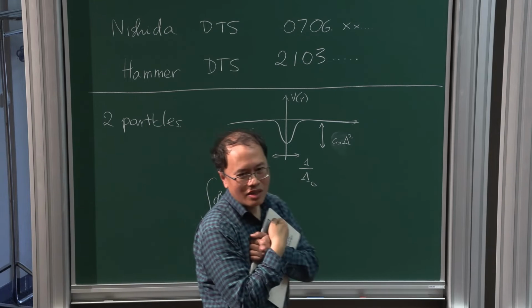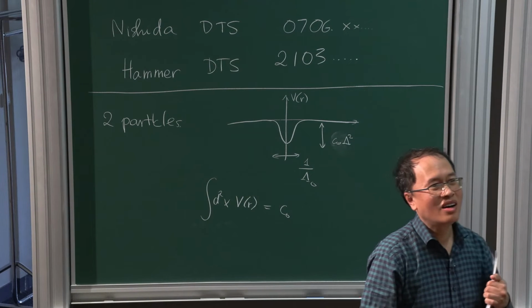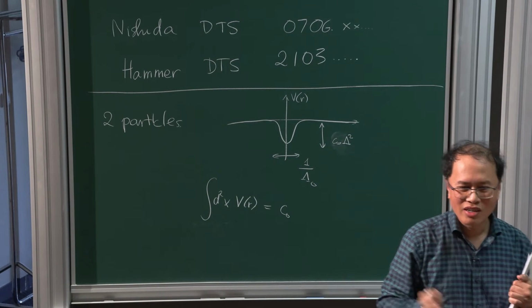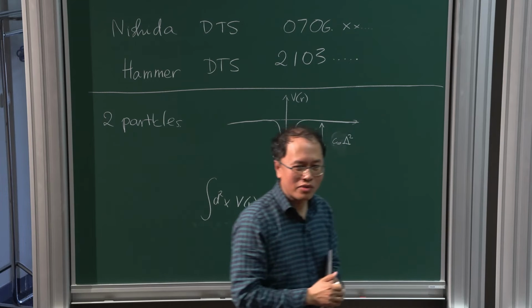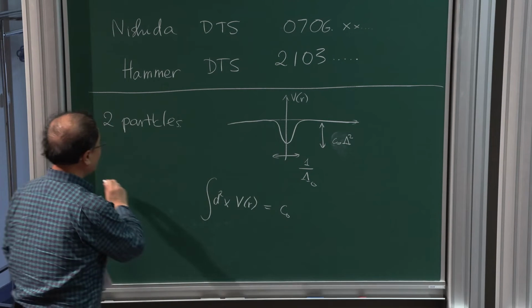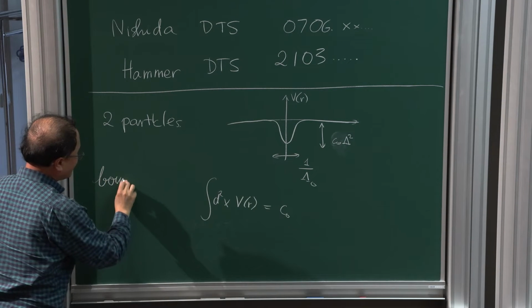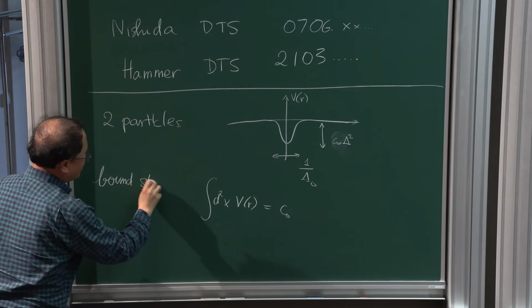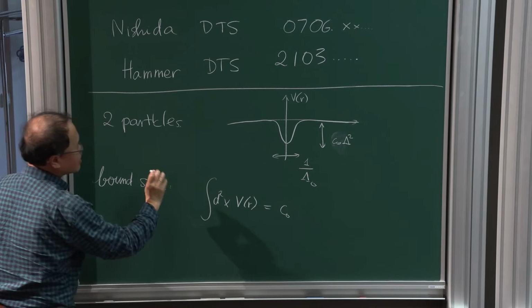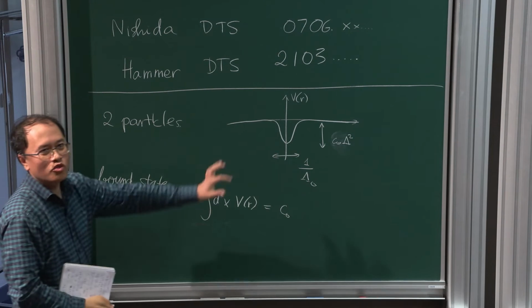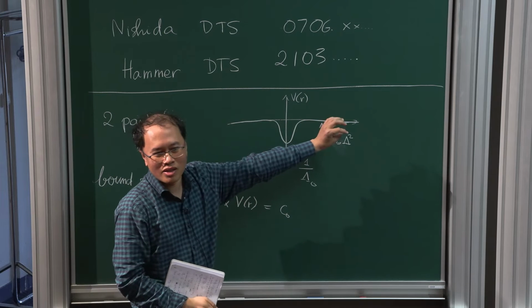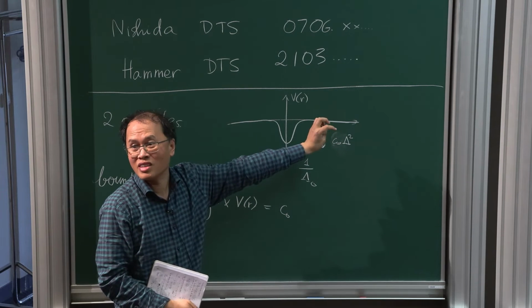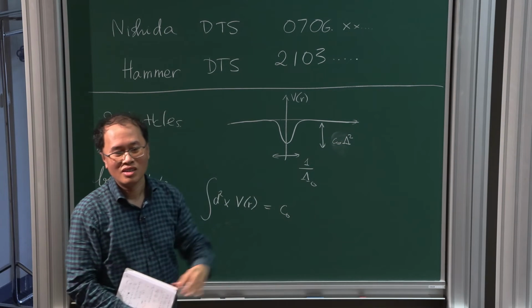What we have seen here is that an attractive potential like this one forms a bound state, and that can be confirmed by solving the Schrödinger equation of two particles interacting with an attractive interaction in 2 dimensions.